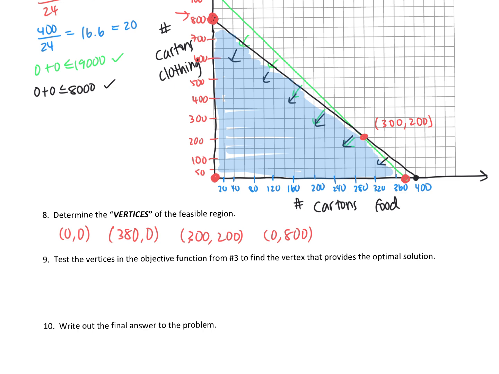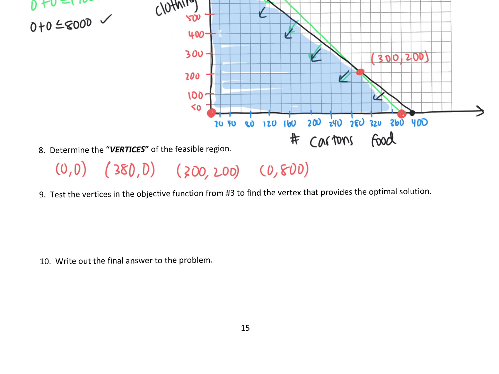So the last thing we have to do is test those out and write our final answer. Okay, so what we're going to do, make ourselves a little table. We're going to put those points x, y, and we're going to plug them into our objective function that we wrote earlier.